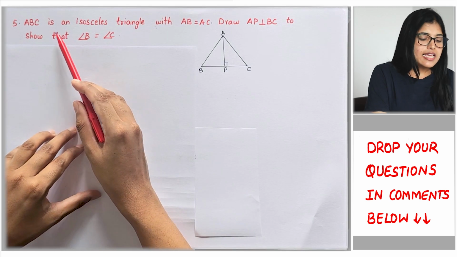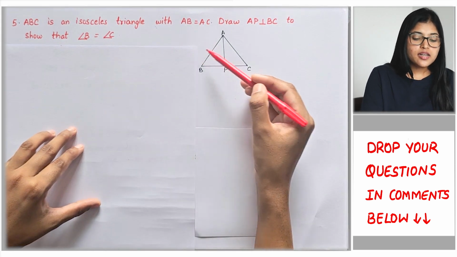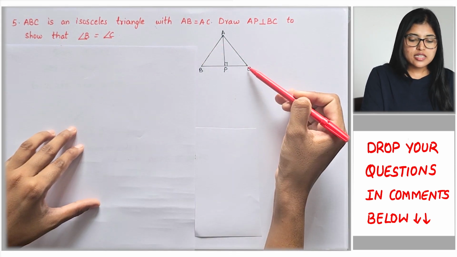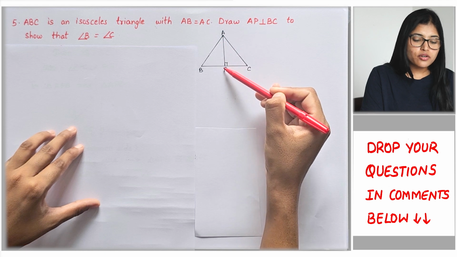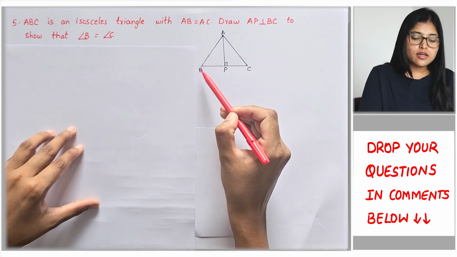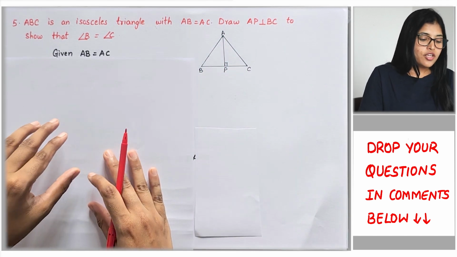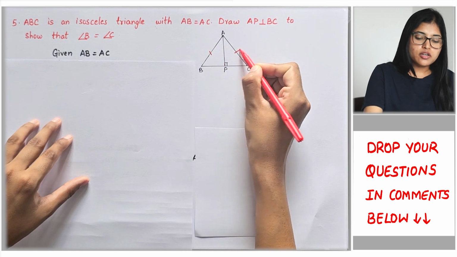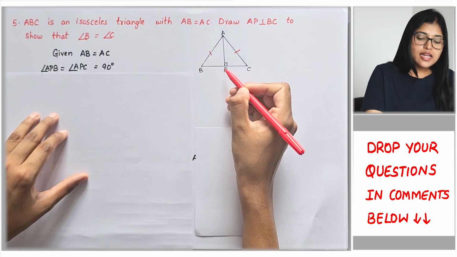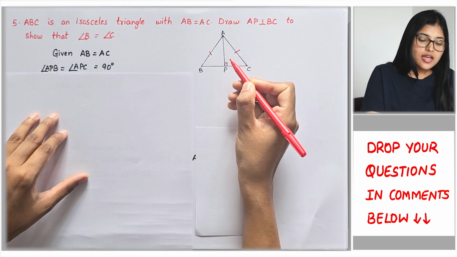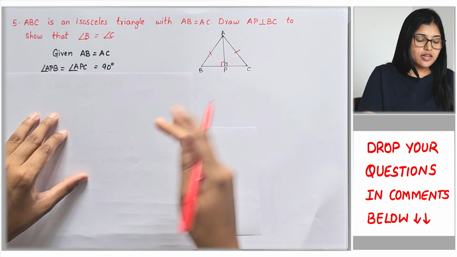Fifth question says ABC is an isosceles triangle with AB equals AC. Draw AP perpendicular to BC and show that angle B equals angle C. Now given to me is that AB is equal to AC and angles APB and APC both are 90 degrees.